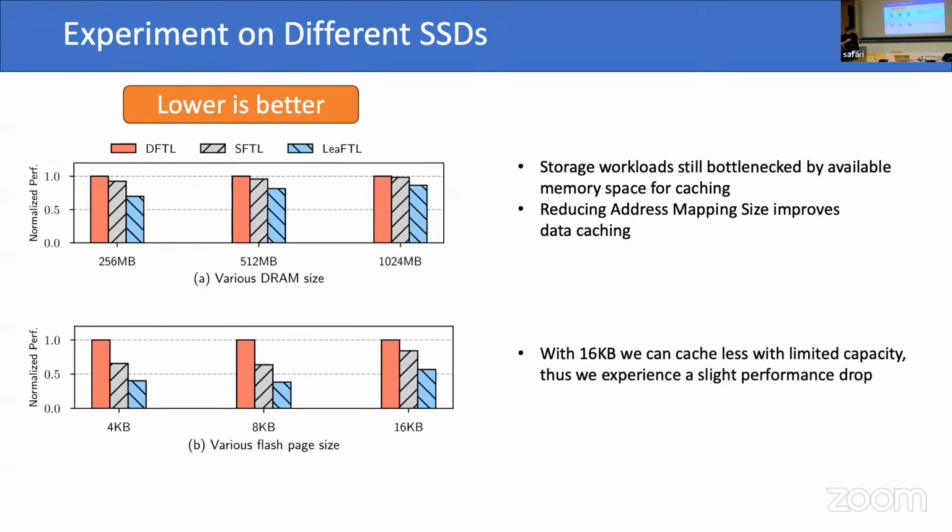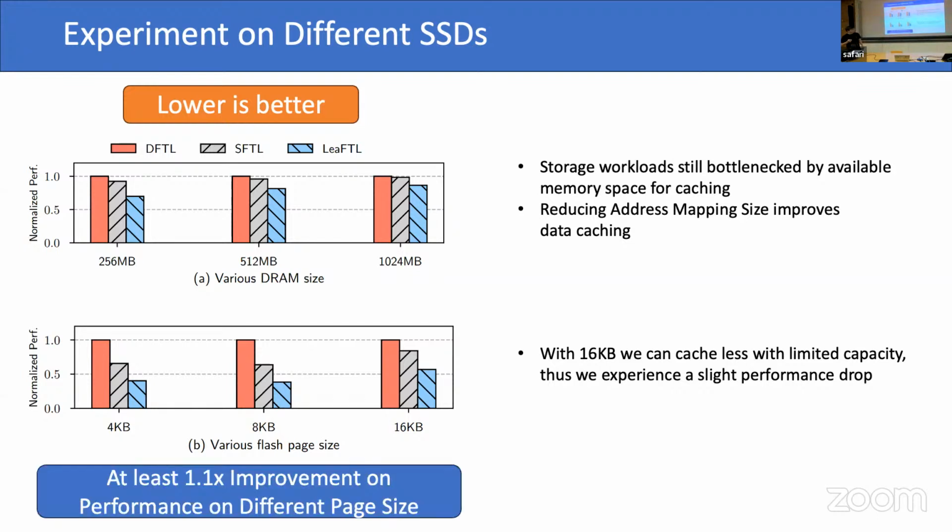And the second one is basically with various flash page sizes. The only problem with this is that, as we can see in the 16 kilobyte page, we have a bit of a slight performance drop. But on average, we have at least 1.1x improvement on different page sizes and on various DRAM sizes.